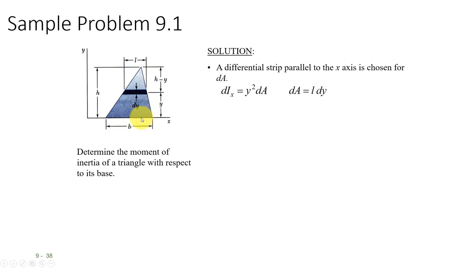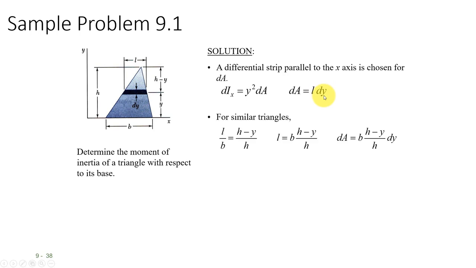And if we go from the x-axis to some element, and the area of that element is the base times height, right? So L times dy, that's describing this element here. But what we want to get is this length L in terms of something we can integrate, in terms of y. So you can look at similar triangles here.